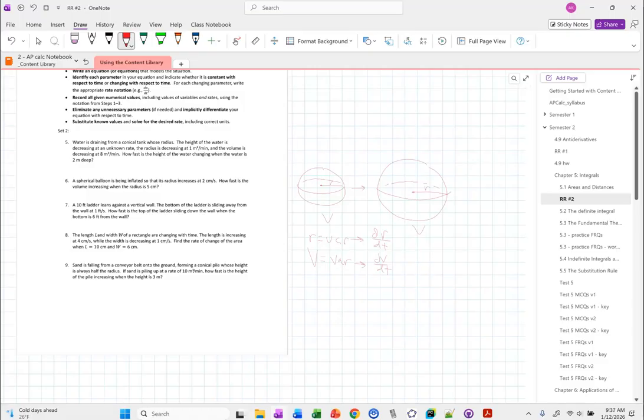And let's see, record all numerical values. We're told the radius is increasing, so we know that value is 2 centimeters per second. And we want to know what the volume is increasing when the radius is 5.